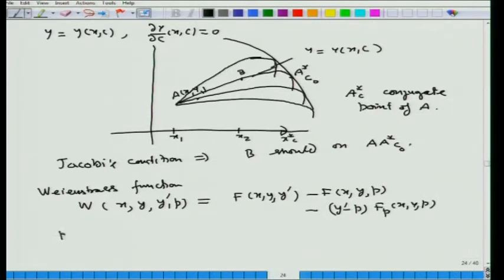Here p of x is dy by dx at x, c 0. So, on the extremal we denote y prime equal to p, which is the extremal y of x, c 0.